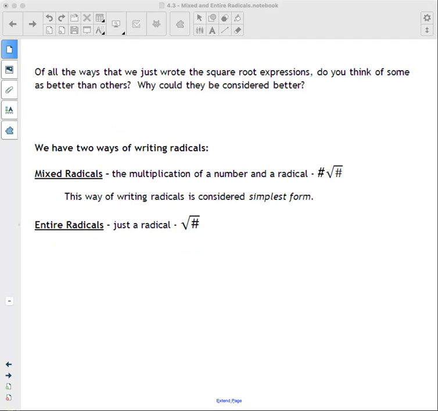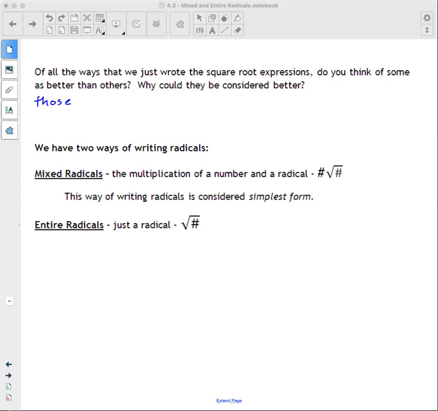Personally, I think those radicals that have smaller radicands, like root 4, root 9, are easier to conceptualize than a root 60, for example. Or if we simplify those into whole numbers, those are easier for us to deal with.